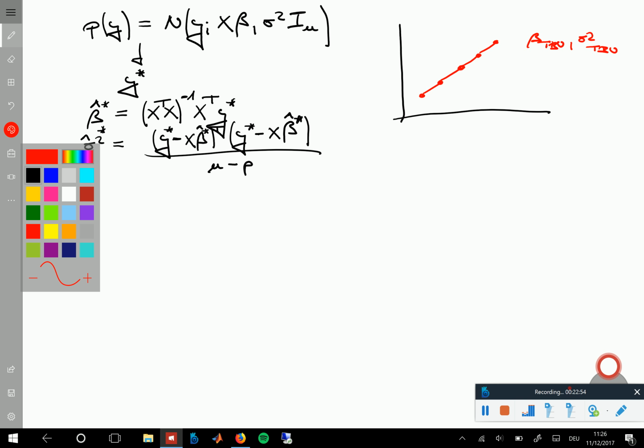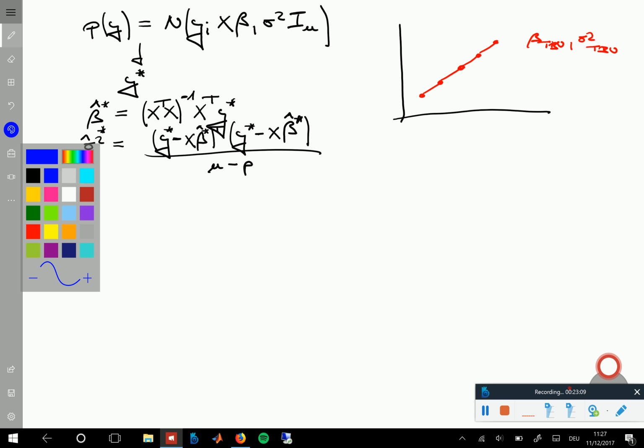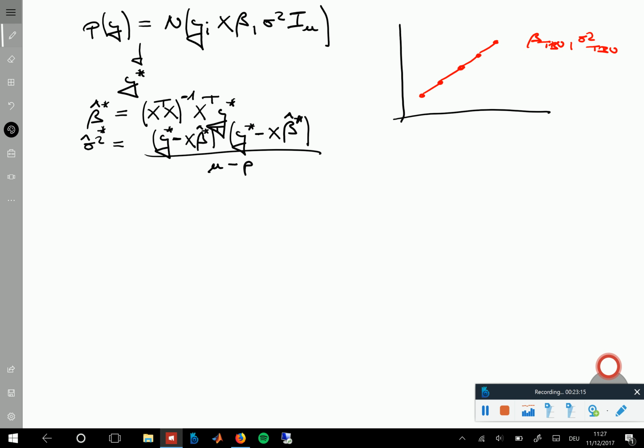And then we've seen before that we can sample from that. So let's say we sample now blue data points. Blue or black, I don't know, let's make them black.